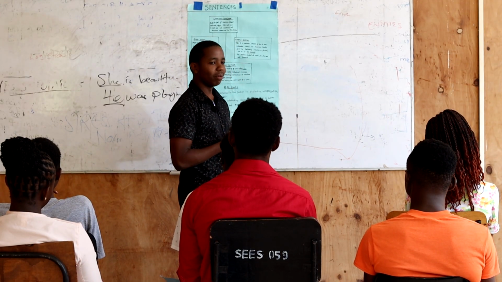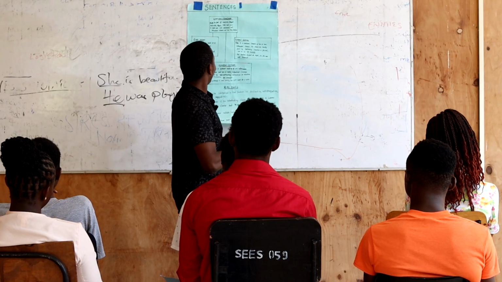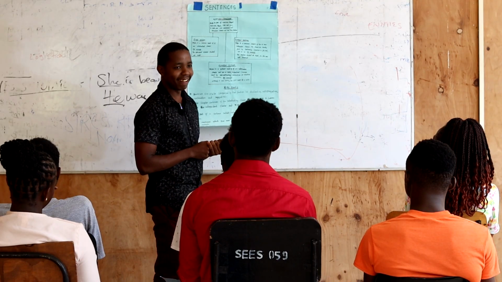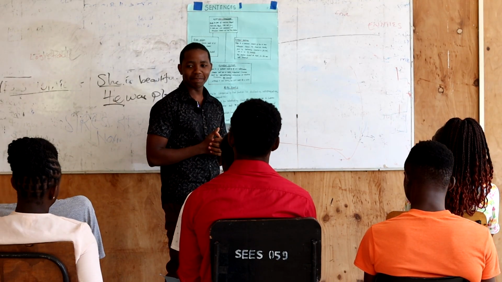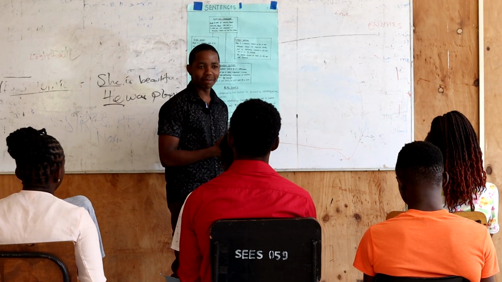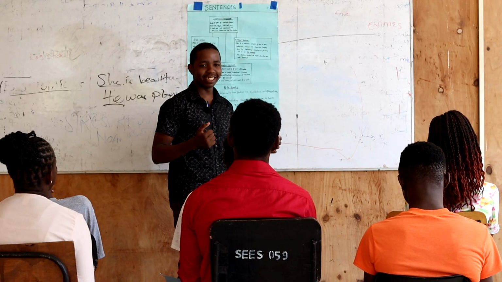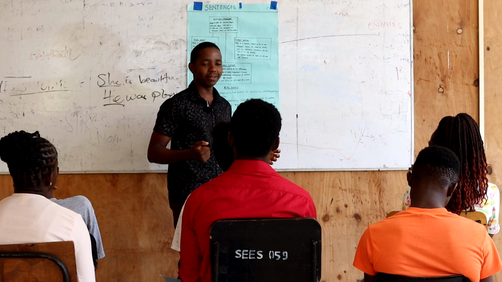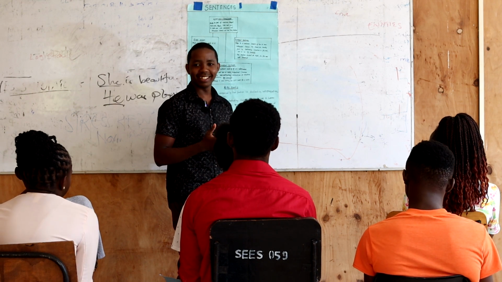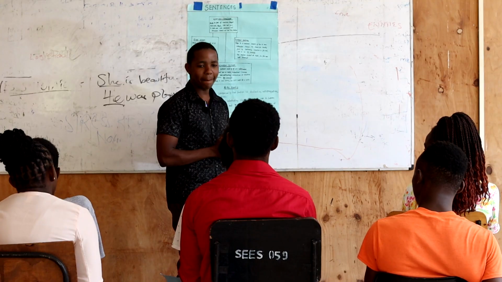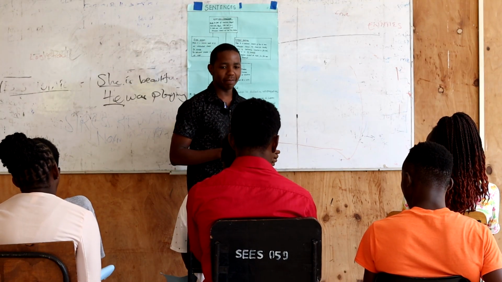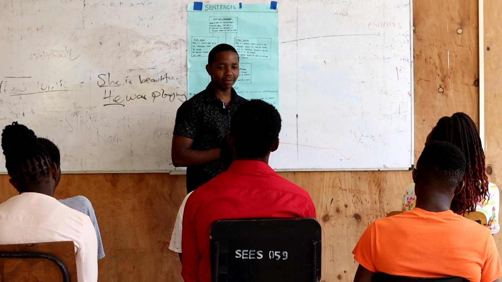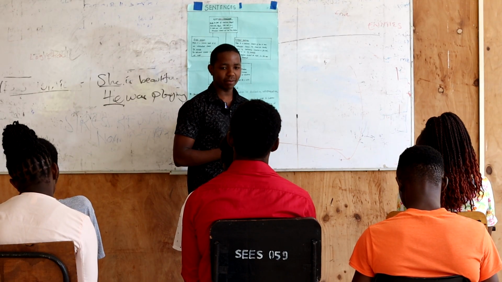Let's have a recap before we start our lesson. Who can tell me what a sentence is? What does it comprise of? I think it's words put together to form a sentence.